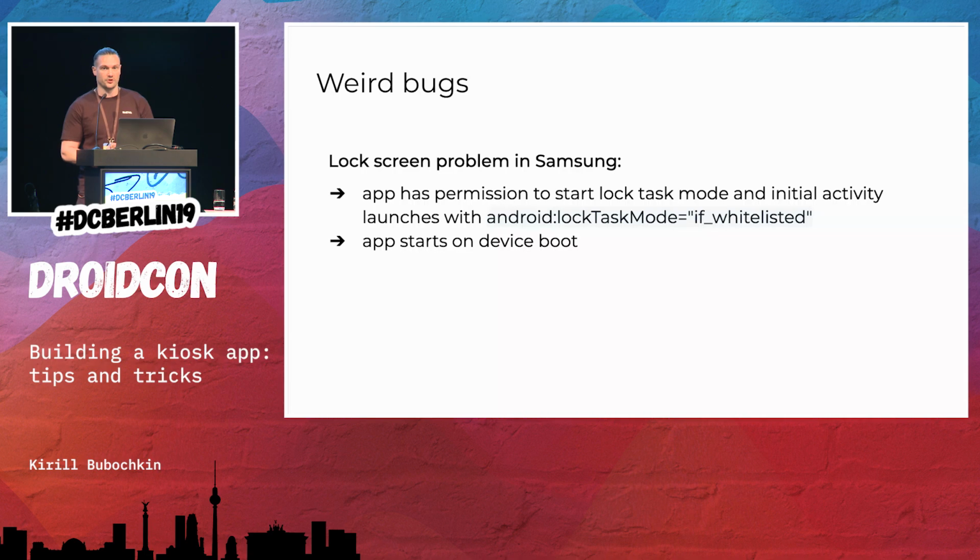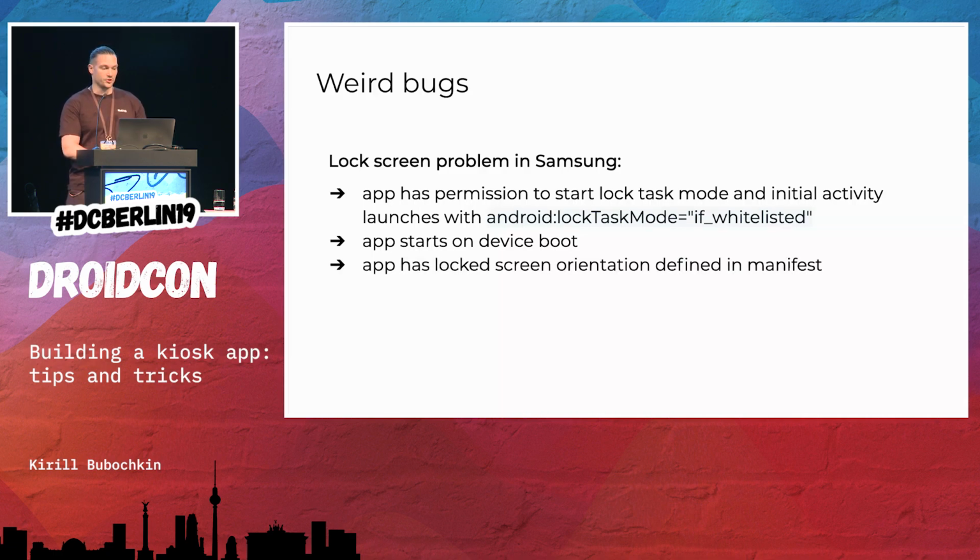Again, this is a common situation for a kiosk because you want the app to be auto-launched once the tablet is rebooted. Next condition, your app has a locked screen orientation defined in the manifest, which is, again, a common use case for a tablet kiosk application.